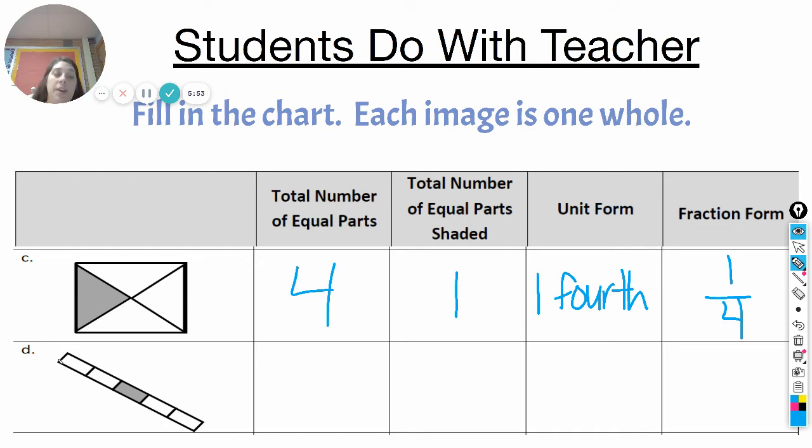Okay, let's take a look at the next one. At this one, we count 1, 2, 3, 4, 5 pieces. Only one of them is shaded. On your whiteboard, I'd like you to take a moment and write that in unit form and fraction form. Remember, you can look at your fraction strip that has 5 pieces if you need help with how to write that in unit form.